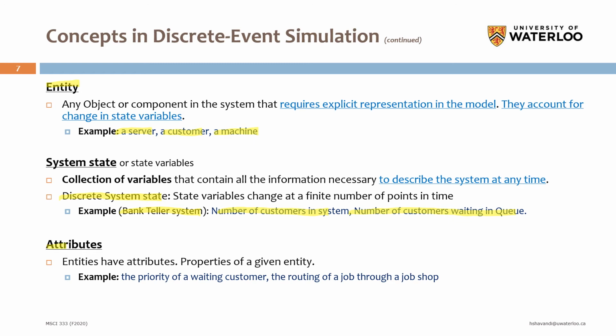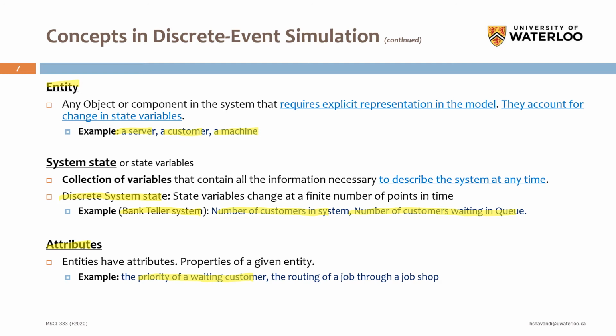And the attributes: if the entities have attributes whose values individualize each entity from the others, then in that case, we have to define the attributes. For example, the priority of a waiting customer. As you know, in the emergency department of a hospital, the patients arriving will have different priorities regarding their situation.